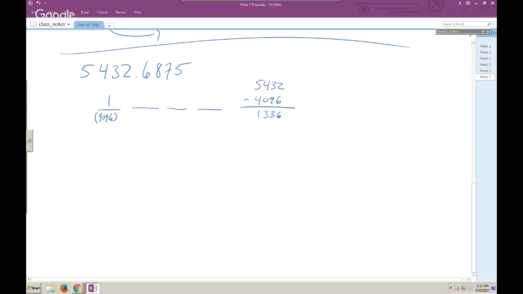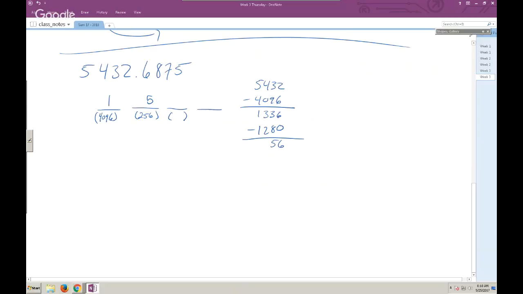1336. Okay. How many factors of, what's this spot worth? 256. How many factors of 256 can we pull out here? 5. Good. Which means we just represented how much? 1280. Good. Leaves us a balance of? 56.